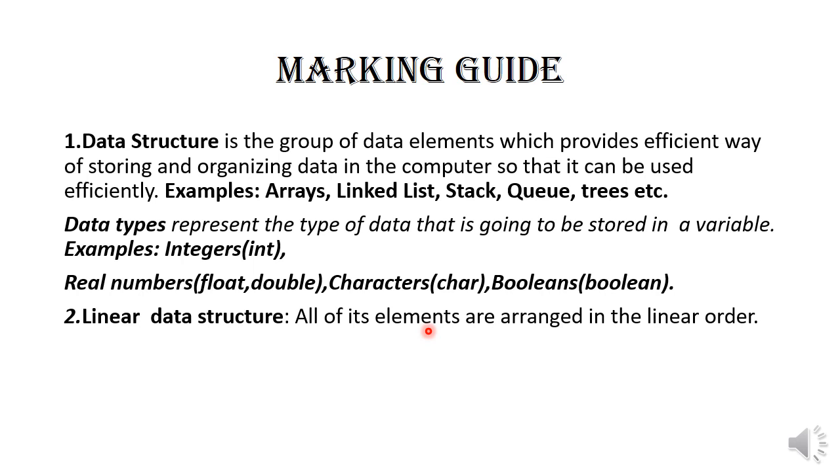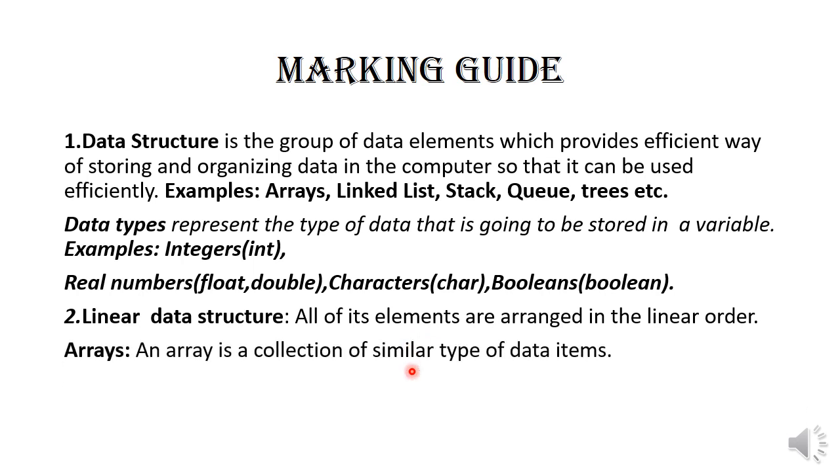Question number 2, the main difference between linear and non-linear data structures. In a linear data structure, all elements are arranged in a linear order. It means that the elements or data are stored in attached or contiguous memories.